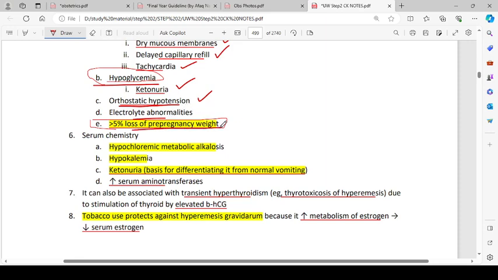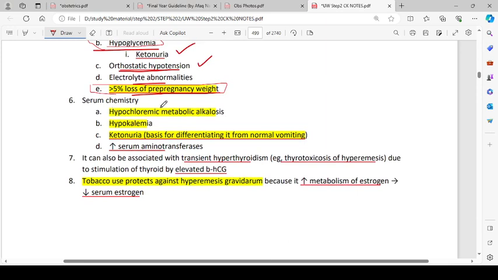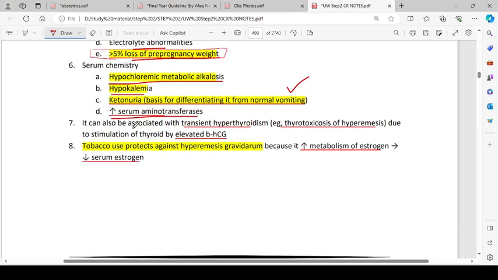More than 5% of the loss of pregnancy weight. Serum chemistry will show hypochloremic metabolic alkalosis, hypokalemia, ketonuria, basis of differentiating it from the normal vomiting, increased serum aminotransferases. It can also be associated with the transient hyperthyroidism, thyrotoxicosis of hyperemesis due to stimulation of thyroid by elevated beta HCG. Again, the same concept.